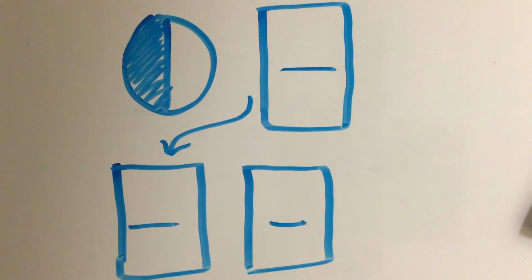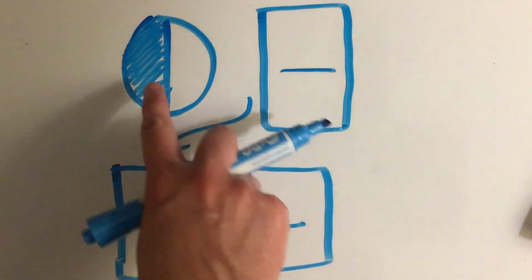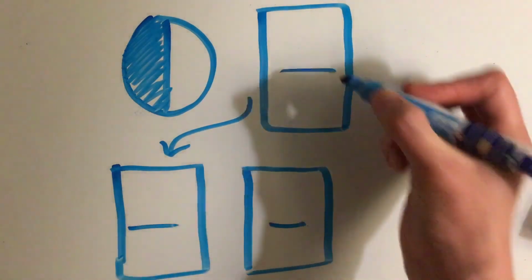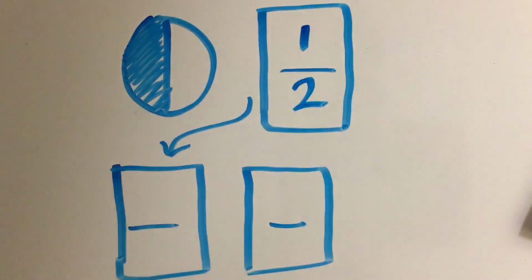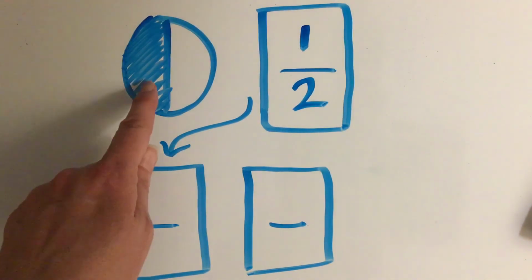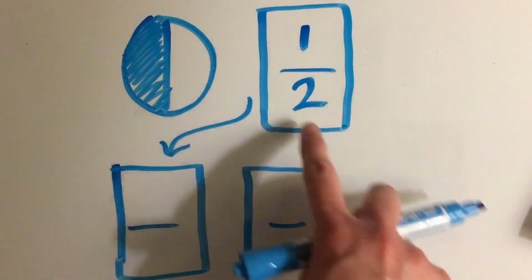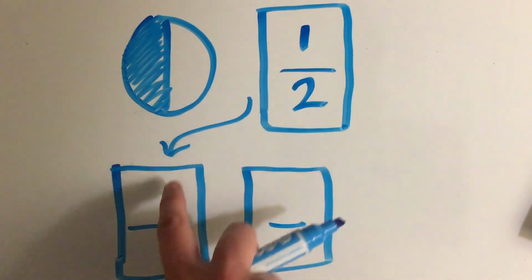Okay, so as our final review, what is the unit fraction for this shape? If you said 1/2, you are exactly right. 1 part is shaded. There are 2 equal parts. Numerator, denominator. This is going to be our starting point when we're counting all the fractions in the whole.